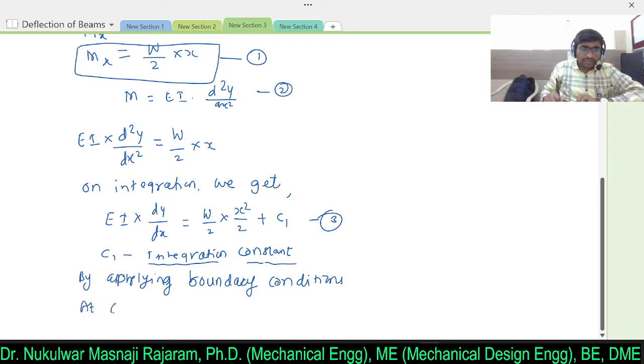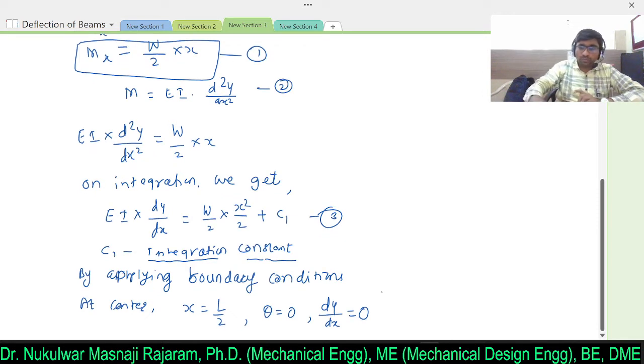So let's say at center, means when x is equal to L by 2, what I already told you that slope will be 0. So that means dy by dx, it is nothing but slope, it will be 0. Just put these values in equation number 3.